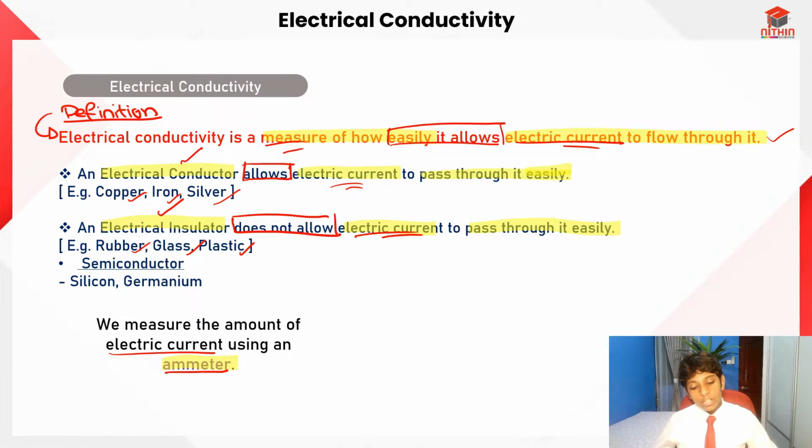So the ammeter is basically used to measure electric current. I've already gone through this in my previous video. During one of the slides, I've already mentioned that electric current is measured using an ammeter. I hope you have remembered what I've taught you in my previous video.